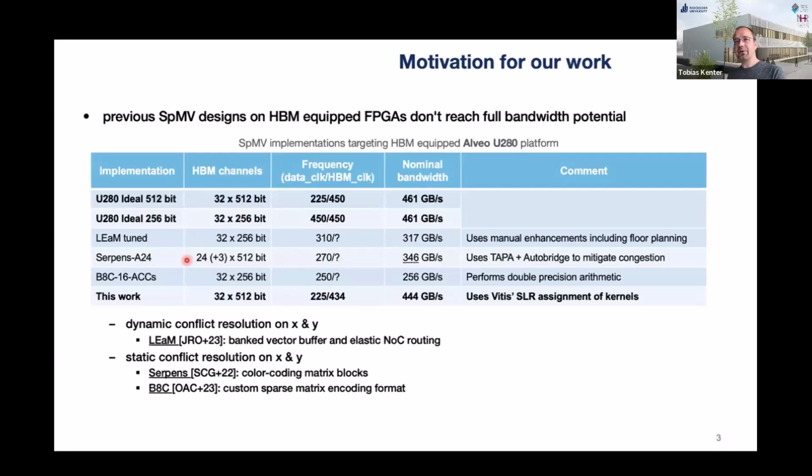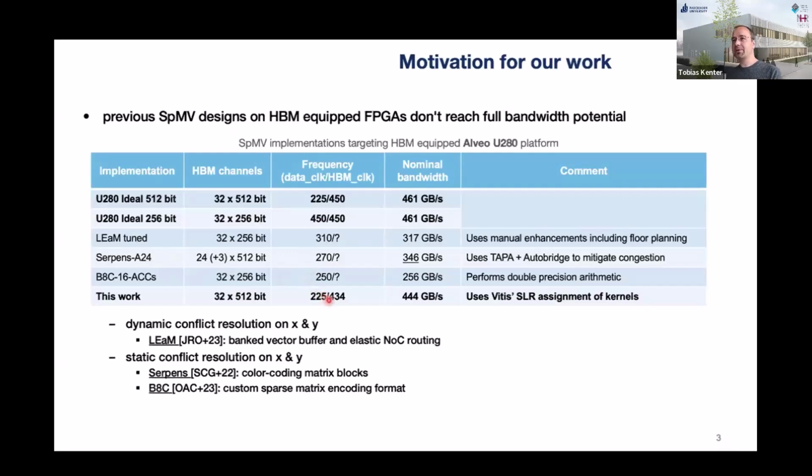There's also B8C, which also focused on the 256-bit interfaces and also fell short of the target frequency. It's still interesting though, because this work is using double precision arithmetic, so quite a number of variables regarding resource utilization and arithmetic intensity are different in that work.